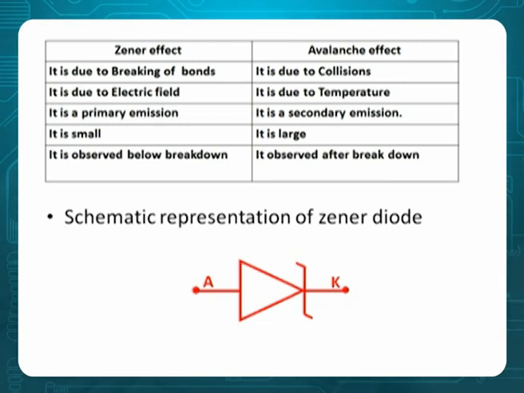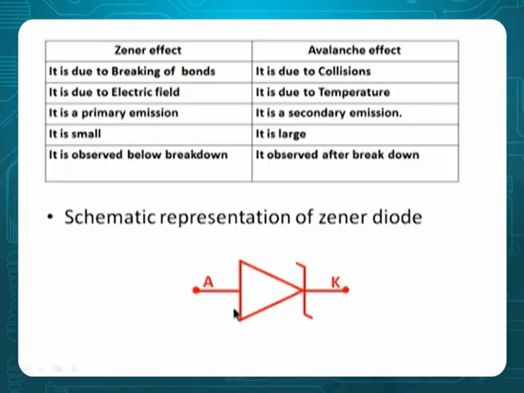Zener effect is due to electric field, whereas avalanche effect is due to temperature. Zener effect is primary emission and avalanche effect is secondary emission. In Zener effect the current is small and in avalanche effect the current is large. Zener is observed below breakdown and avalanche is observed after breakdown. This is how I tried my level best to compare, so that you will follow the questions well. And the symbol for this is the same as the junction diode.